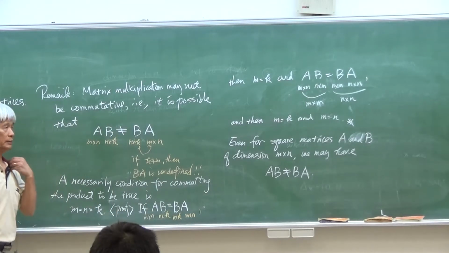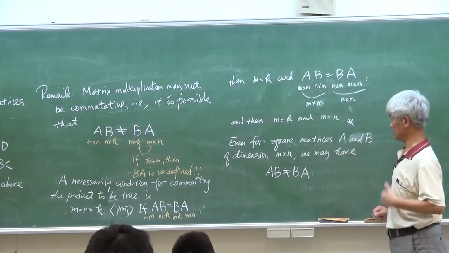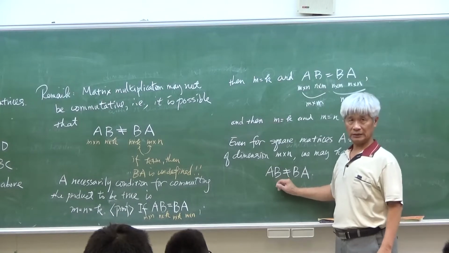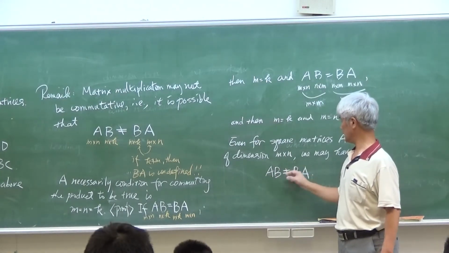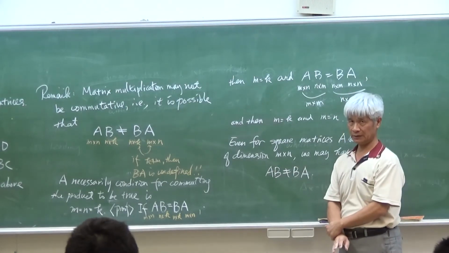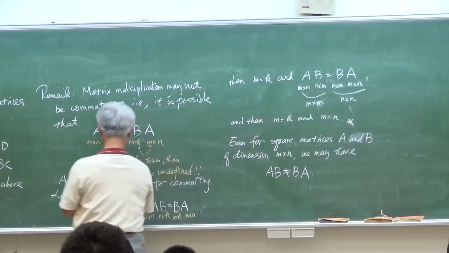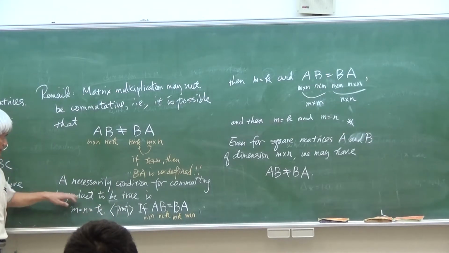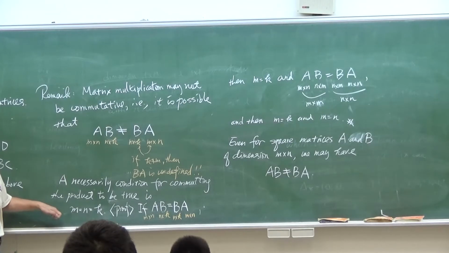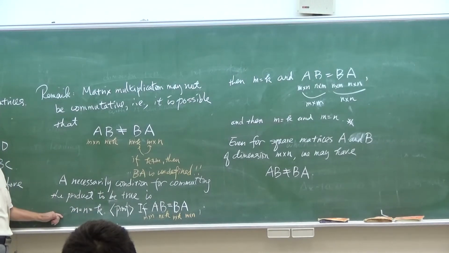Even though we have square matrices of the same dimension, if you commute the order of the product, the result can be different. So this condition is just a necessary condition for such an identity, but it is not sufficient. This gives you an idea: necessary condition, sufficient condition.